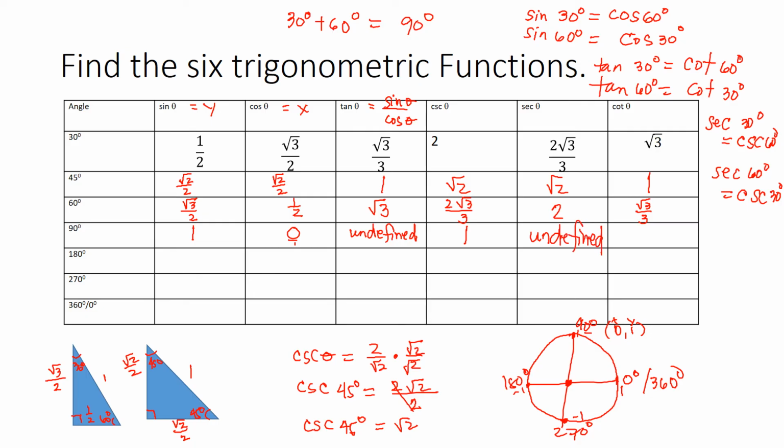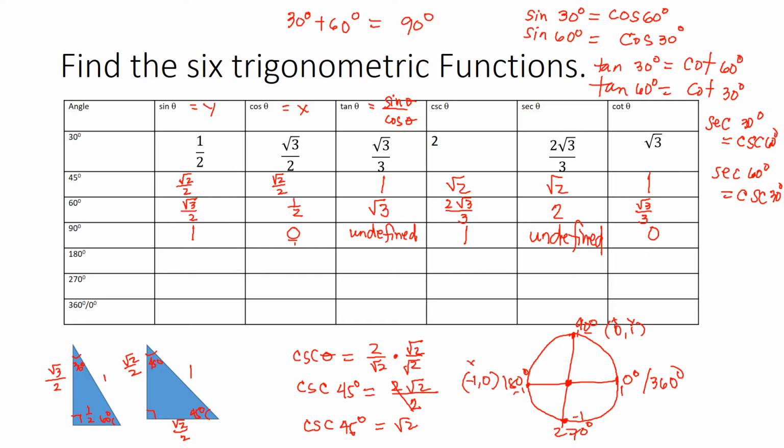Then going over to cotangent 90, that is the inverse of the tangent 90. So if this is undefined, we will have it as 0 in here because basically that is 1 over 0. So once we do the inverse of 1 over 0, that's 0 over 1. That is 0. So let's now go to 180 degrees. We have the coordinate for that one as -1, 0.